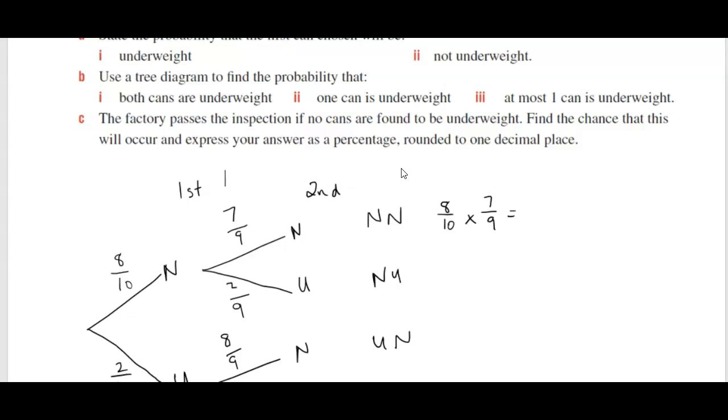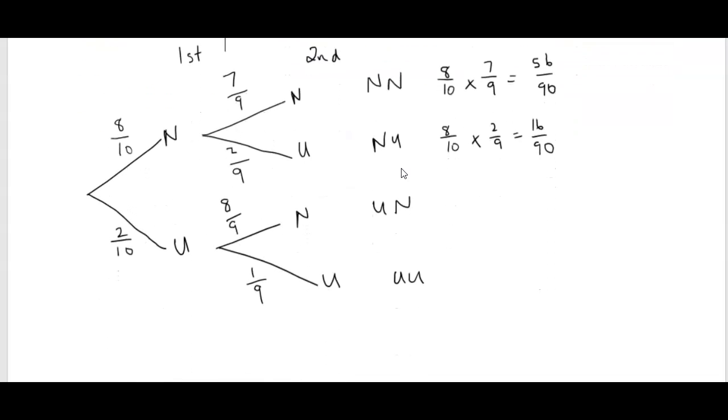8 times 7 is 56/90. And I'm just going to leave it like that for now, just because I'm just going to answer the questions that need to be answered. 8/10 times 2/9, so that's 16/90. 2/10 times 8/9, so we've got 16/90, and then 2/10 times 1/9 leaves me with 2/90.